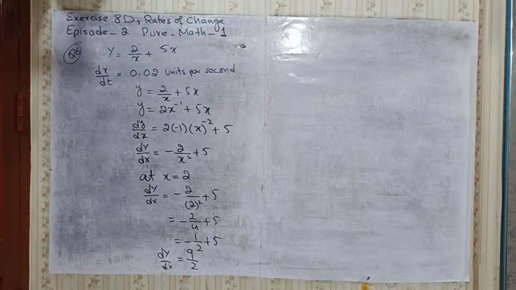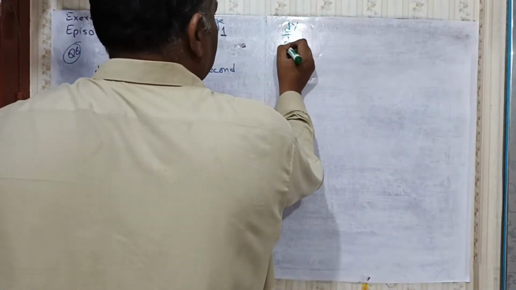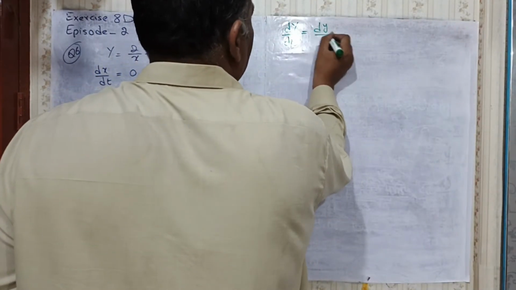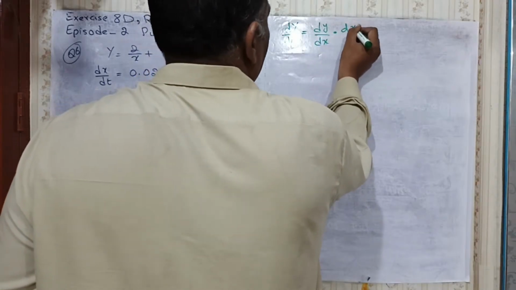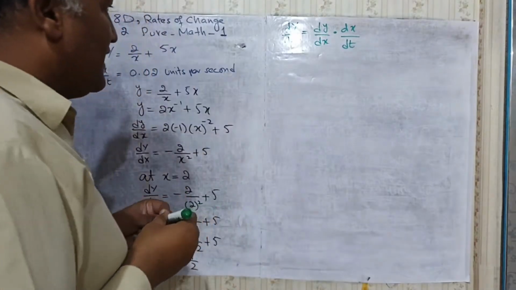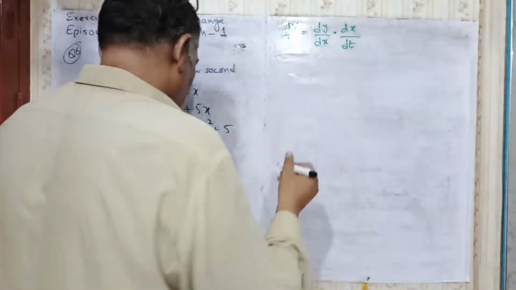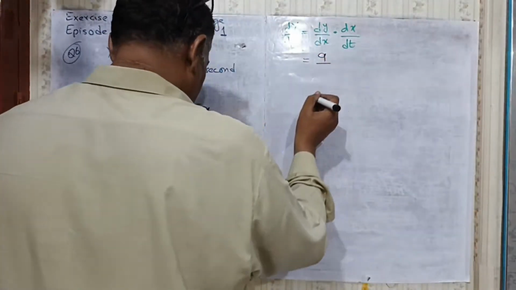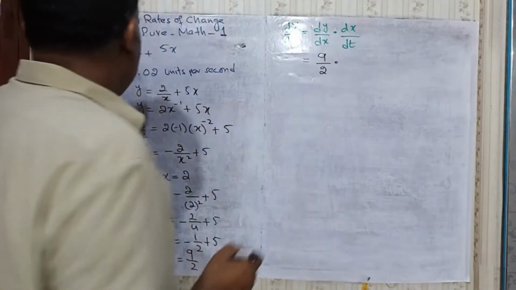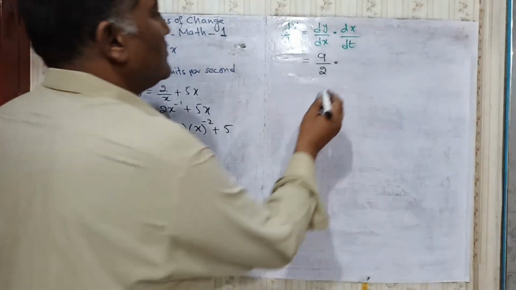Question number 6. Now we have to find out the rate of increase or decrease of y. For that purpose, I will apply the chain rule. The chain rule says that dy by dt is equal to dy by dx into dx by dt. dy by dx we just found, that is 9 by 2, sorry. 9 by 2 into dx by dt, which is already given as 0.02.